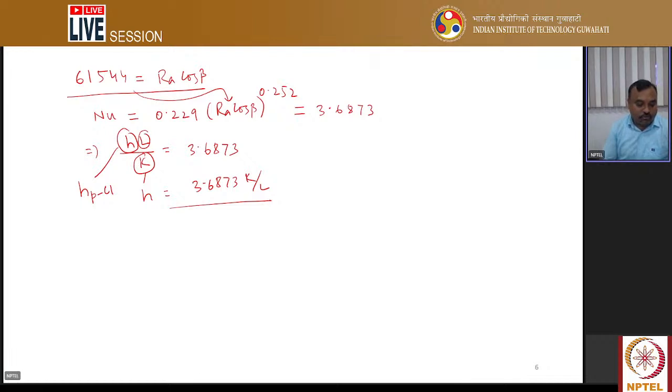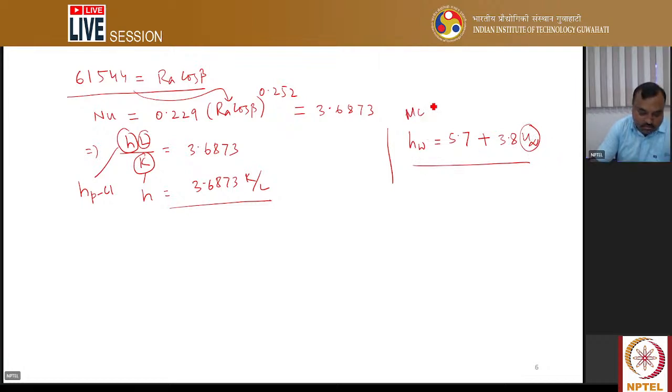For example, if we have to calculate HW, then we have an appropriate correlation. HW is 5.7 plus 3.8 into U infinity, where U infinity is the free stream velocity or wind velocity. This correlation is coined by McAdams.